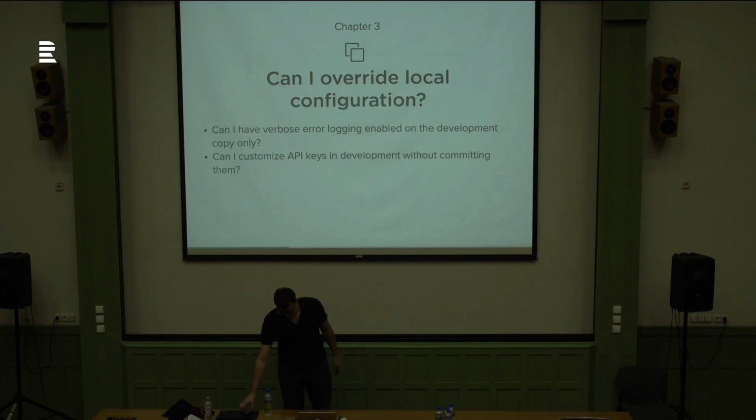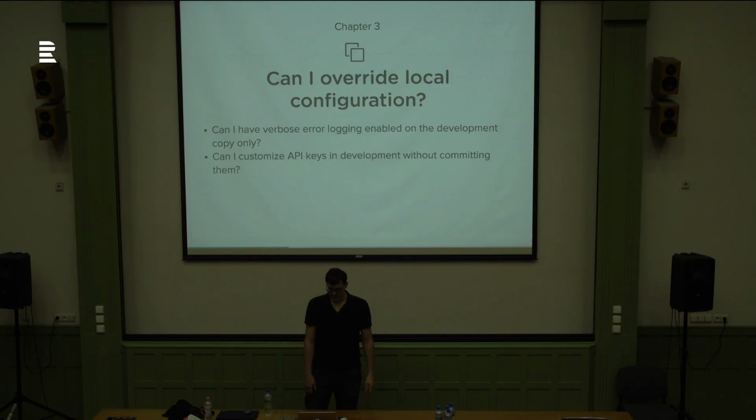The next chapter, can I override local configuration? So we just talked about how you deploy configuration, and it's important to know that it's always the whole configuration. Everything that is considered configuration, you transfer between the environments.